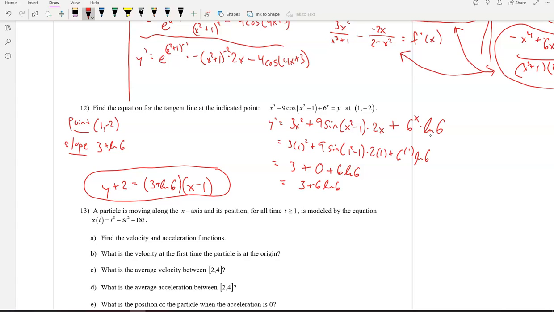Oh, I see what I did. Sorry, it was 3 plus 6 natural log of 6. I miswrote it there, so that must be fixed up here. There we go, 3 plus 6 times natural log of 6. Okay, so there's the equation of our tangent line.